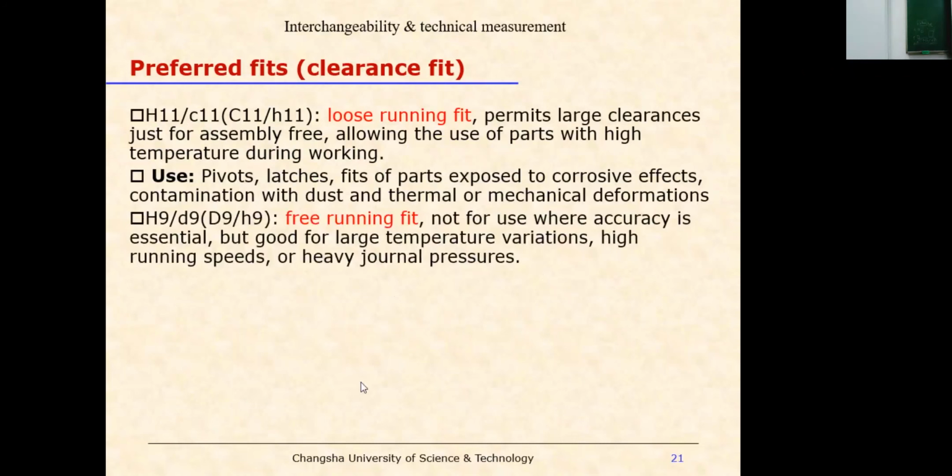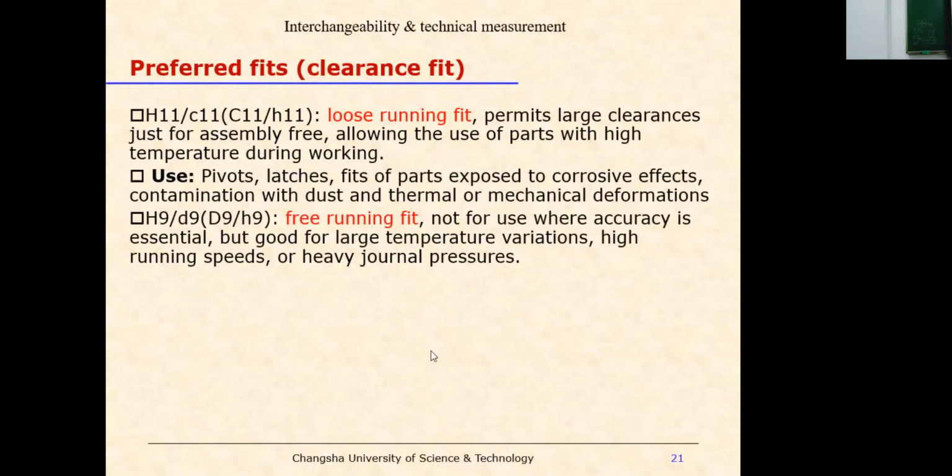And the H9 and the D line. So this is a little higher than this one, right? The pressure is higher than this one. This is for the free running fit, not for use where accuracy is essential, but good for large temperature variations, high running speeds, or heavy journal pressure.